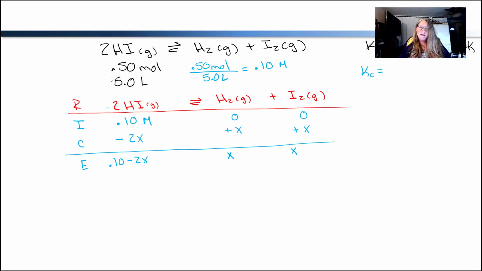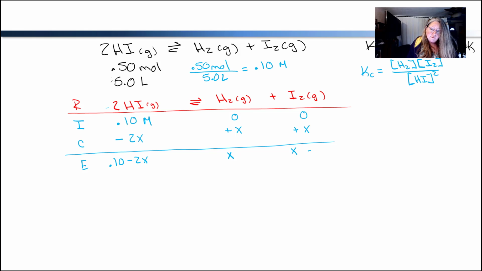Now, in order to do anything with this, we need to come to our equilibrium equation. So we know what Kc is. We've been given that. And we need to write out what everything is that we have done on the previous slides. So we know that this is our Kc equation: H2 times I2 divided by HI squared. Now all we need to do is take the information from here, because this is at equilibrium and Kc is at equilibrium.